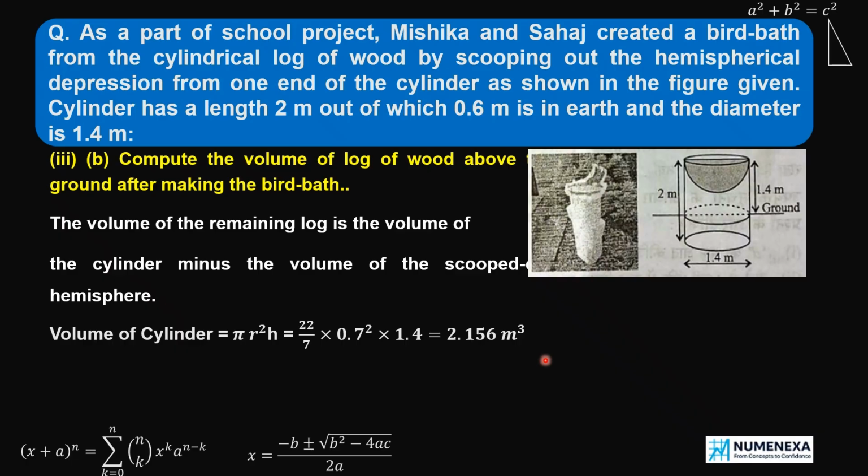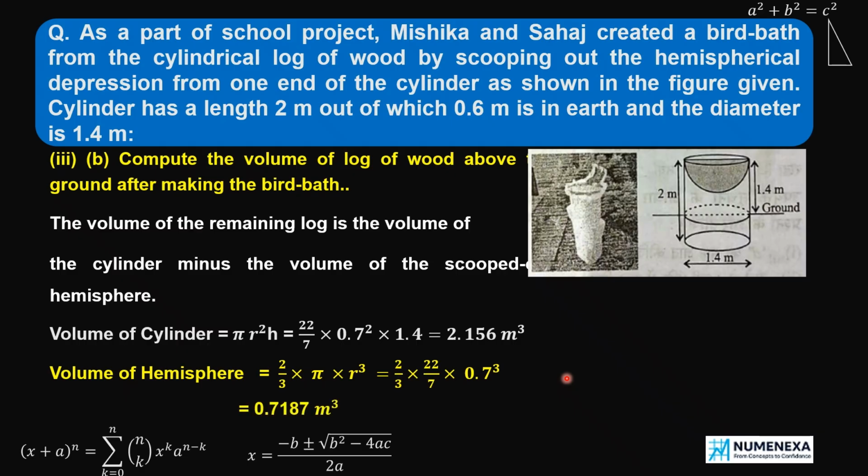The next thing is to find the volume of the hemispherical depression. We know the volume of a hemisphere is given by the formula 2 by 3 into pi r cube. So 2 by 3, pi is 22 by 7, r is 0.7, so 0.7 cube.